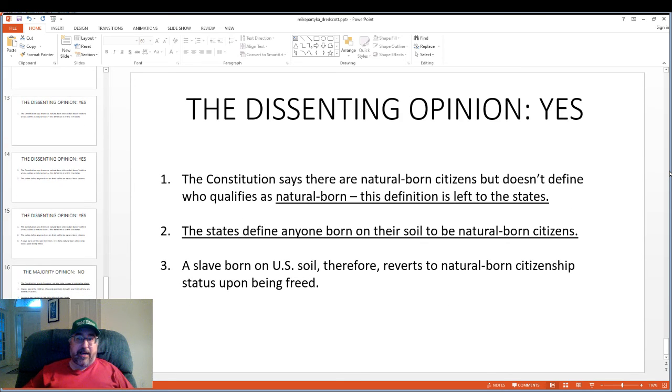However, the dissenting opinion deals with the question of who is or is not a natural born citizen and says this definition is under the power of the states, so that it's the states who have power to define who is a citizen or not. That makes the dissenting opinion in the Dred Scott case the states' rights opinion.